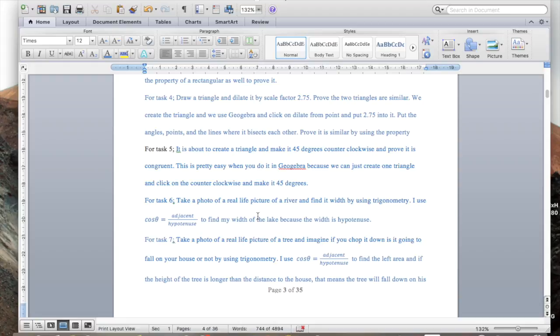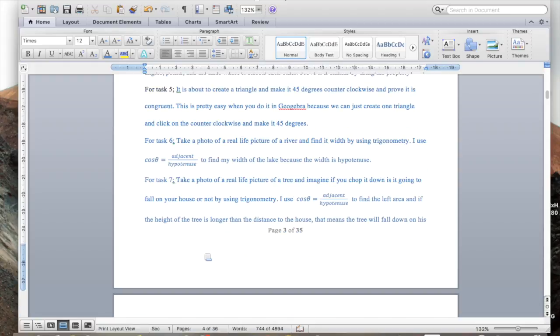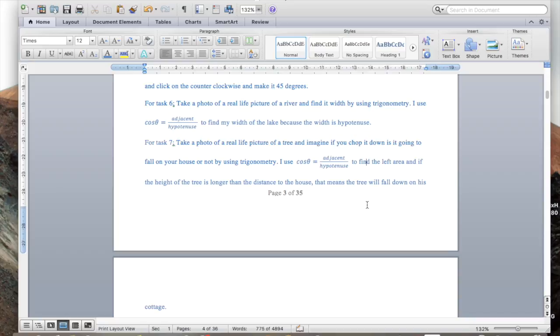And I use cos for this to find the width of the lake because the width is the hypotenuse. And for task 7, we need to take a photo of a real life picture of a tree and imagine if you chop it down, whether it is going to fall on your house or not, by using trigonometry. And I still use cos for this one. And we need to find the left area.